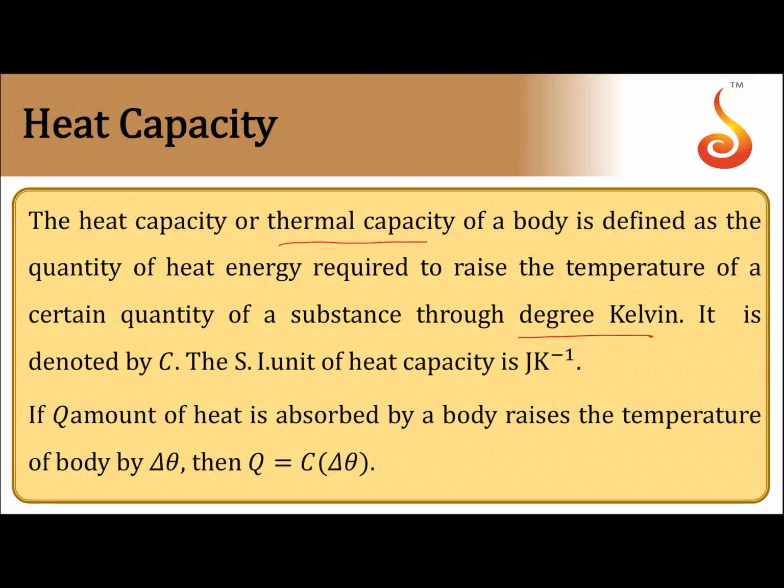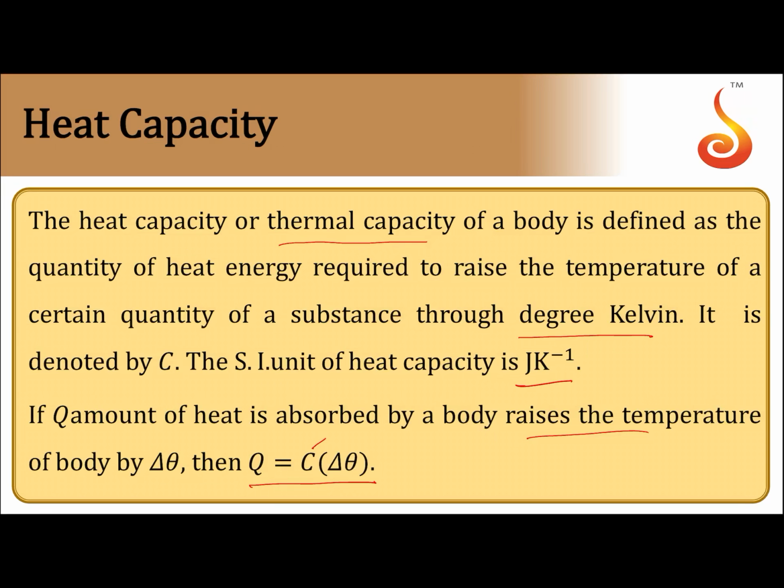This is called heat capacity. If it is taken for unit mass, then it is specific heat capacity. If Q amount of heat is absorbed by a body to raise the temperature by delta theta, then Q is equal to C into delta theta, where C is thermal capacity or heat capacity.